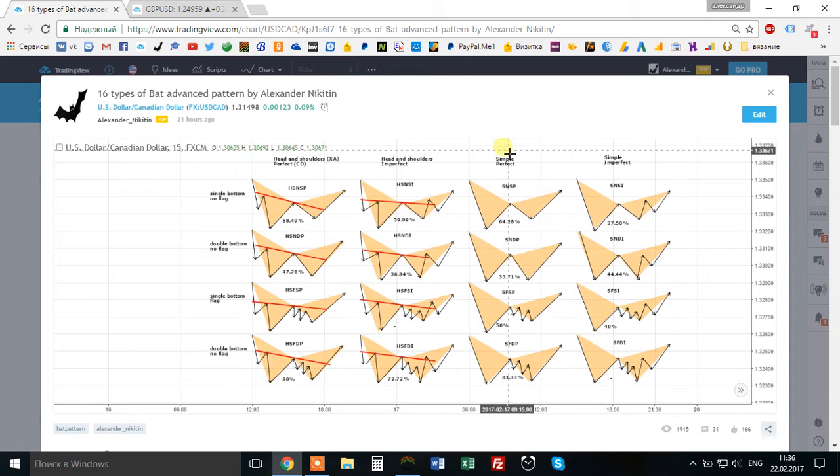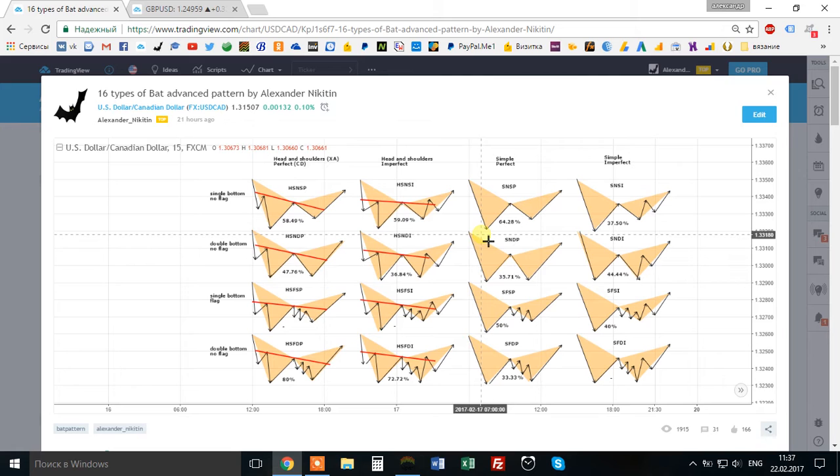So if you can see this picture, you will see that some bad patterns are winning more often, something like this: 58% accuracy, 59% accuracy, 64% accuracy. And sometimes the patterns are indeed losers. Something like this: 37% accuracy, 44% accuracy, 40% accuracy, and so on and so forth.